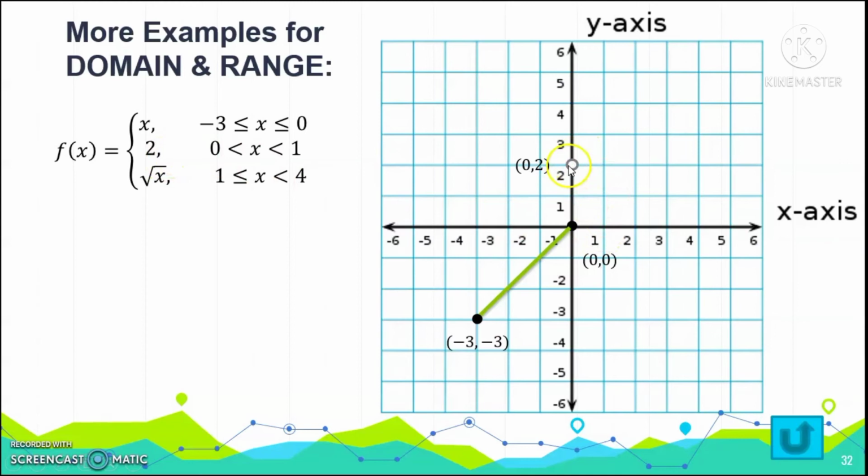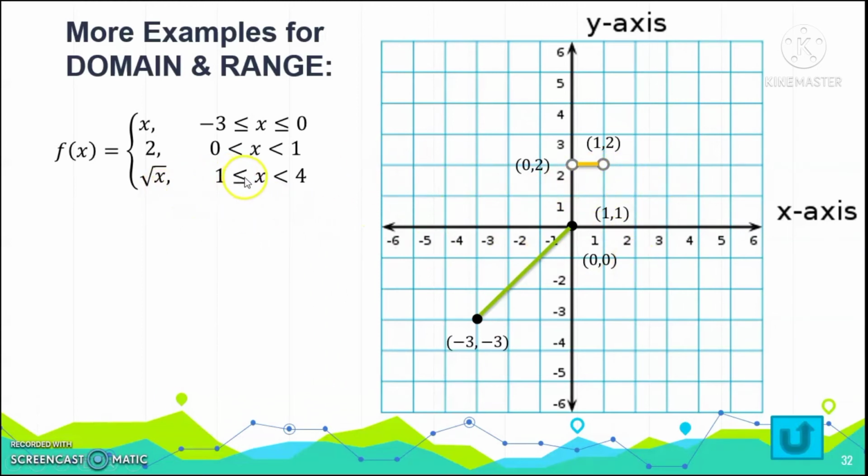So here, we use the hollow dot because x is greater than 0. And then if our x is equal to 1, then our y will be equal to 2 because that is a constant function. And we're also going to use the hollow dot. And then we are going to connect the dots.